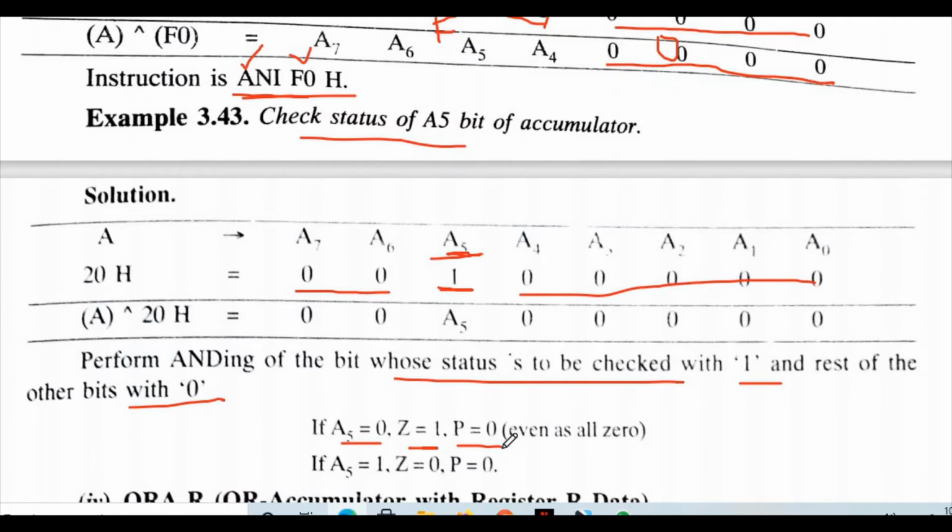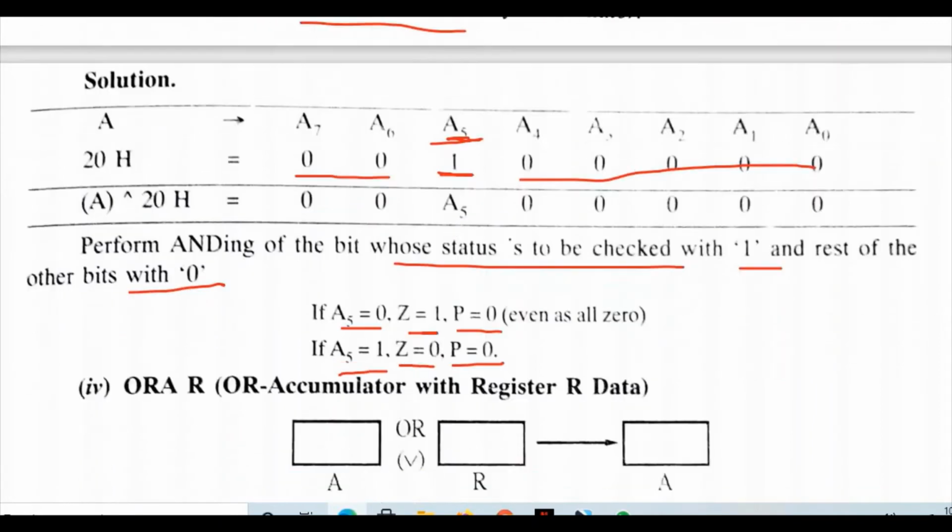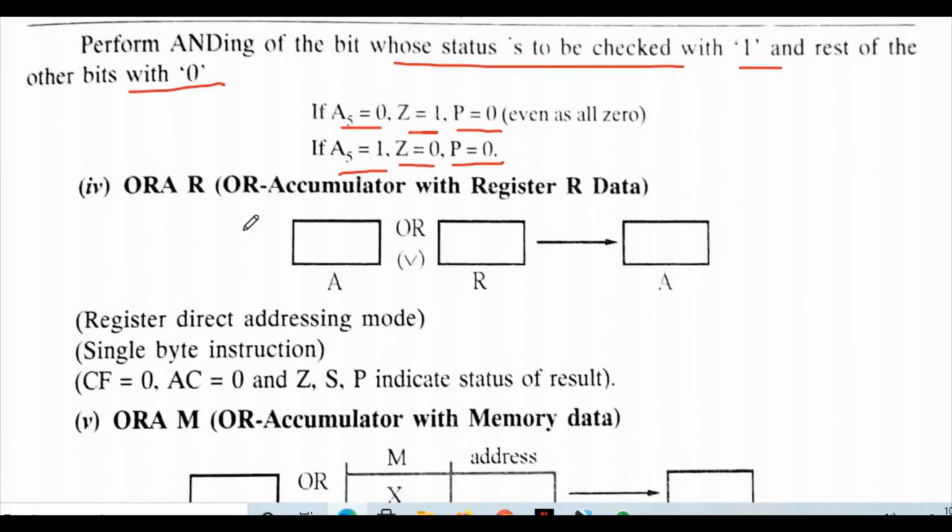Now the next instruction is ORing. We have to do the ORing of the accumulator and the given register along with the instruction. For this the command is ORA R. ORA R ORs the contents of the accumulator with the register R given along the instruction.